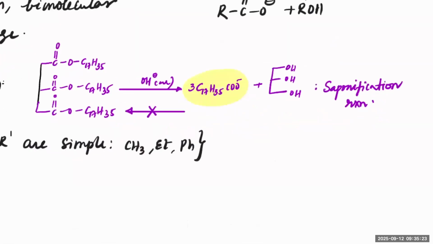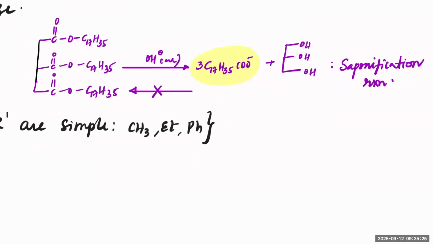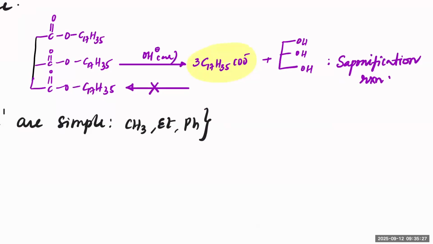Now, typically this reaction is observed when we are making soap in industries. These are called triglycerides. Triglycerides have fatty acid contents that when you react with OH minus will attack here, make an acyl cleavage.